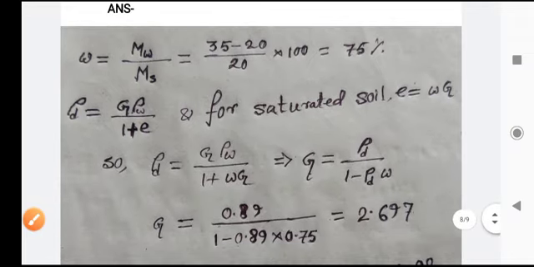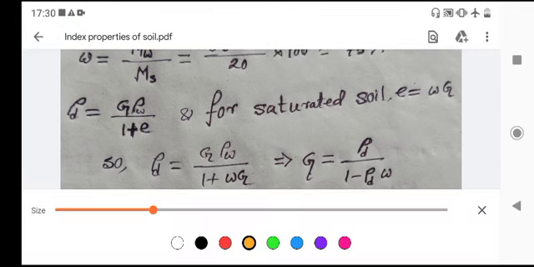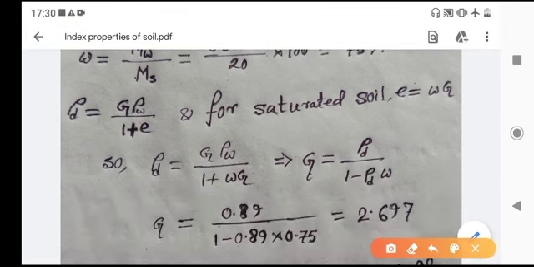Now rho d, the dry density, equals G rho W by 1 plus e. For saturated soil, we know S e equals wG, where S is degree of saturation, e is void ratio, w is water content, and G is specific gravity. For saturated soil, S equals 100%, which means 1.